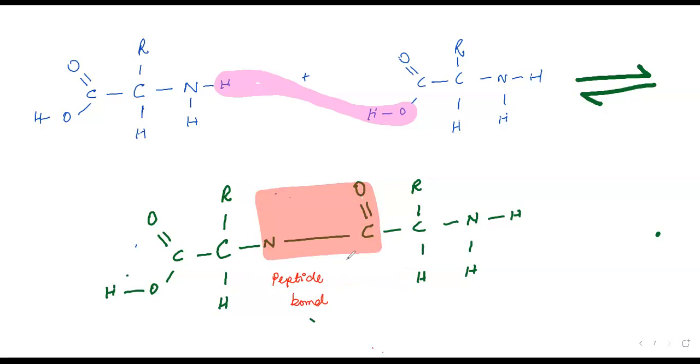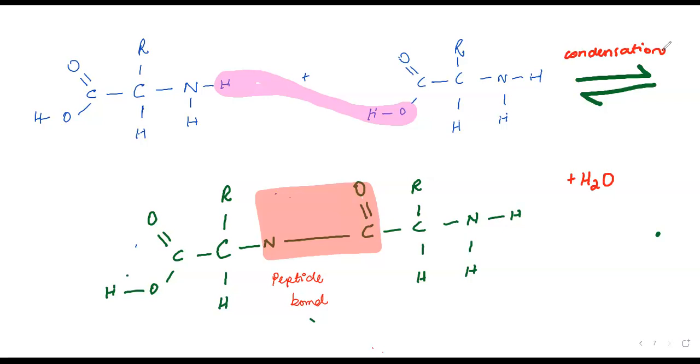I will also get a molecule of water in the end, right? Because the hydrogen is reacting with the OH. This reaction is known as a condensation reaction. I can also do the opposite of this. What is the opposite?